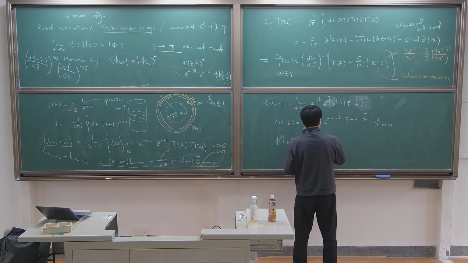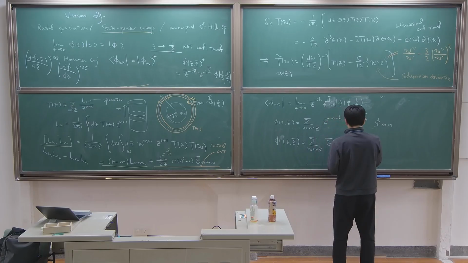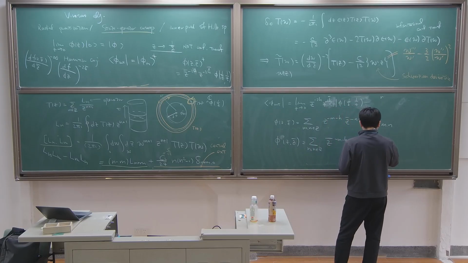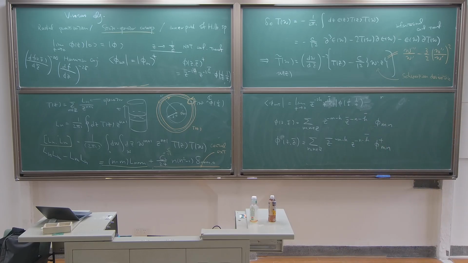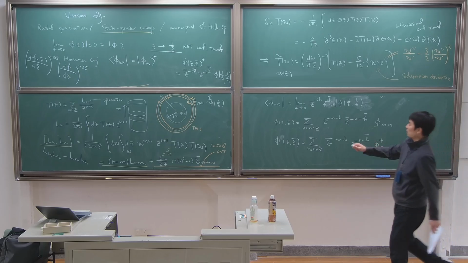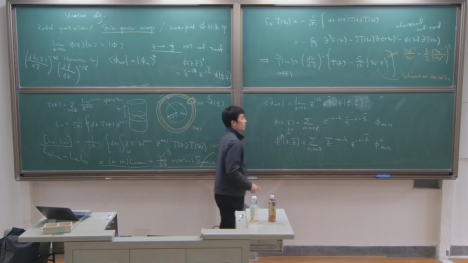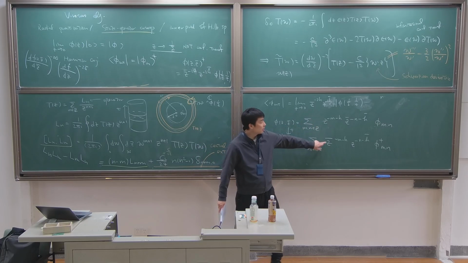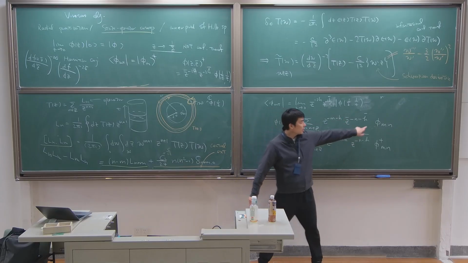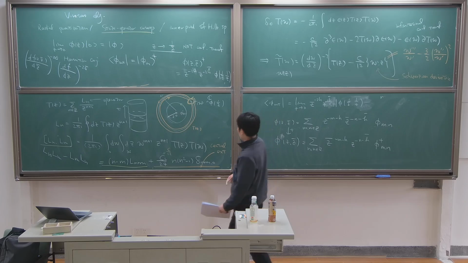You just put the z bar here, and minus h, z to the minus n minus h bar, then phi dagger. So literally, you just take the dagger from here to here. Here holomorphic z becomes z bar, and z bar becomes z, and this mode becomes conjugate. And you just compare with this guy.